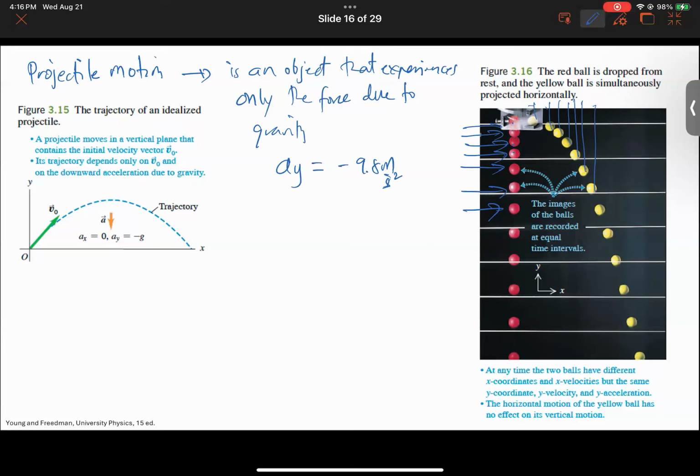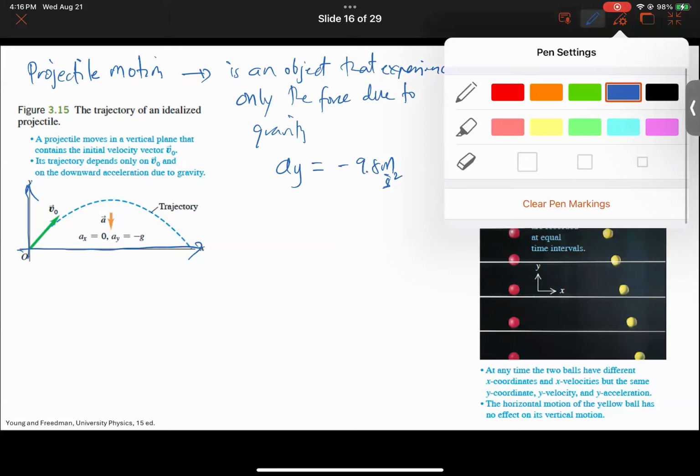May nakita na ba kayo na nalaglag na bola horizontally? Wala, di ba? So if we use this type of coordinate system, then we say na yung object only experiences gravitational forces along the y-axis. So meron lang siyang acceleration along the y-axis. Walang nalalaglag na object horizontally, so walang acceleration along the x-axis. Okay?